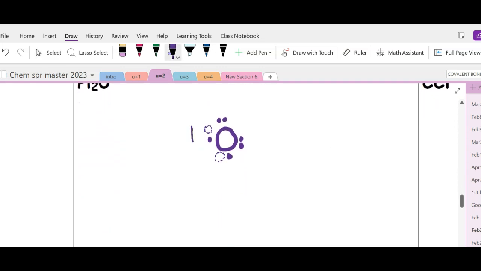So we'll put a hydrogen here with its electron, and a hydrogen here with its electron. And that's how we have an oxygen with one covalent bond to this hydrogen and another covalent bond to this hydrogen.